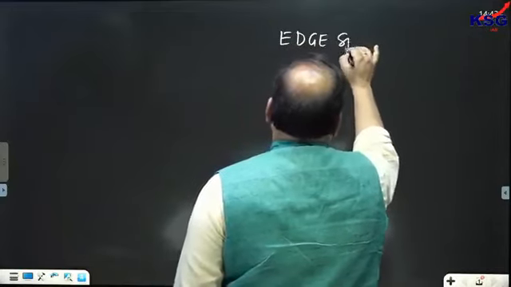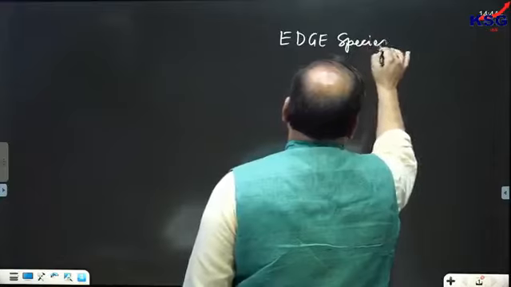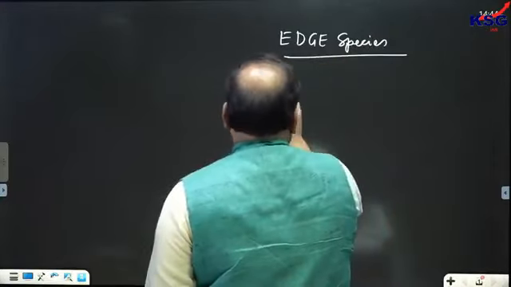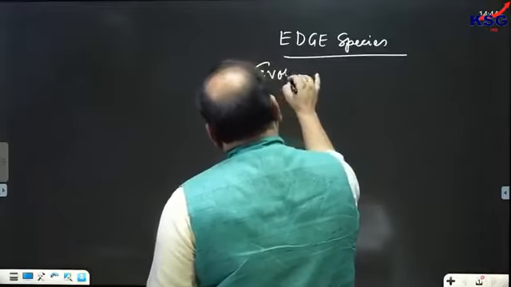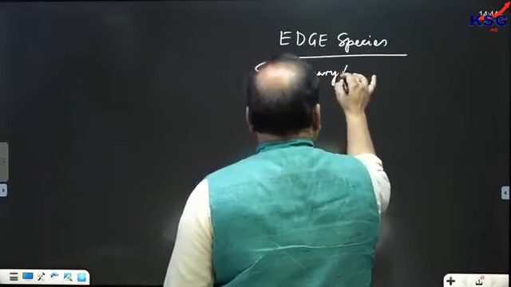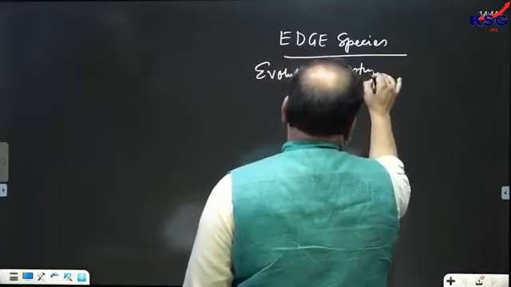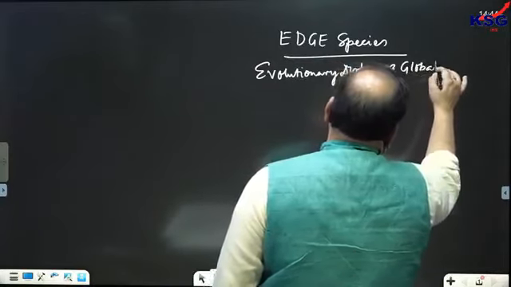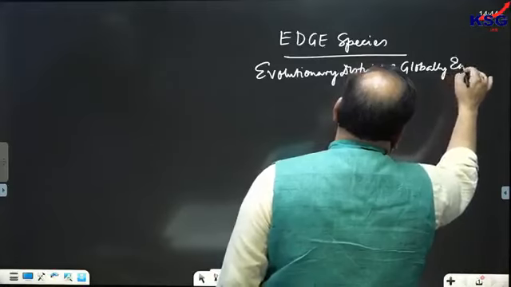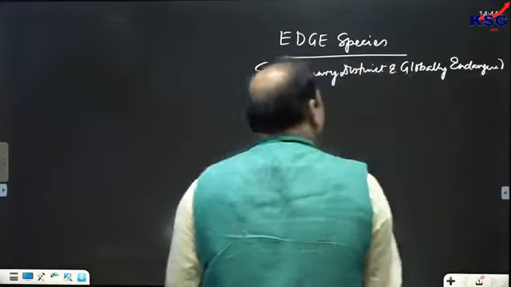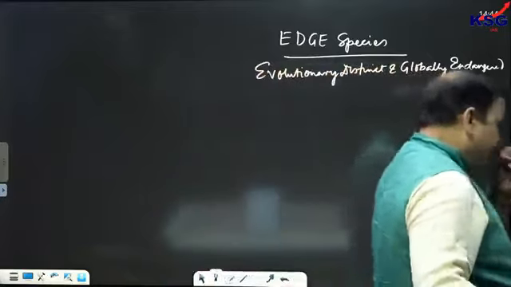The full form, write down, stands for evolutionary distinct and globally endangered.